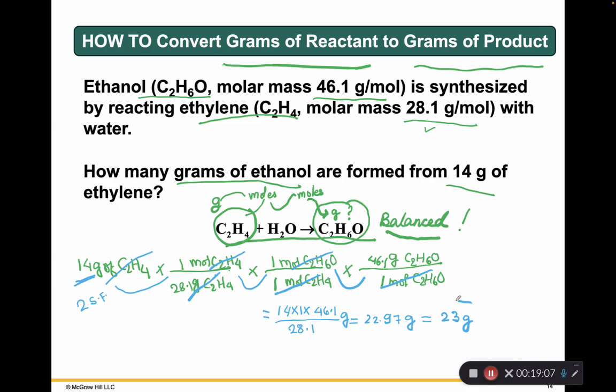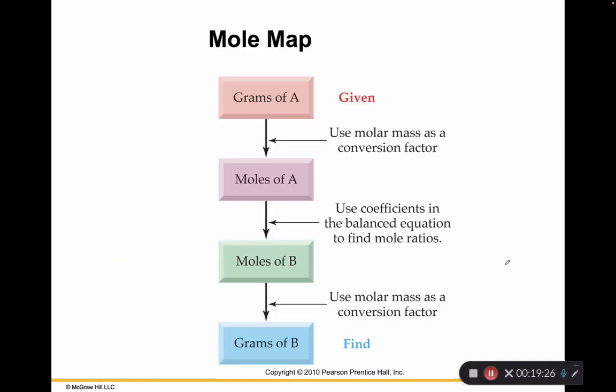So 23 grams is the final answer for this question. With this question, we pretty much exercised a very important concept, the roadmap, and I will show you that in our next slide.